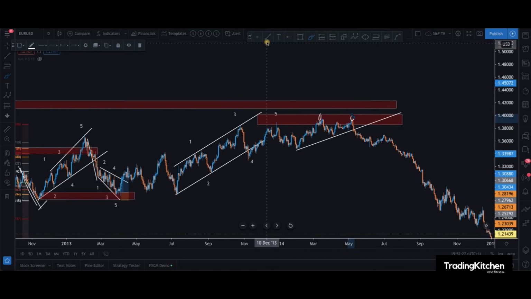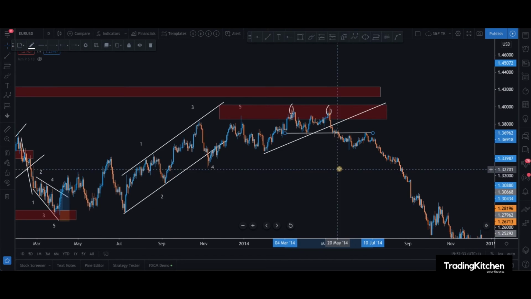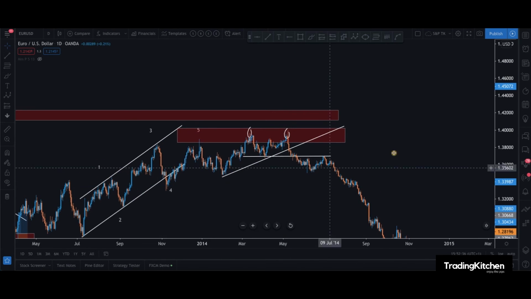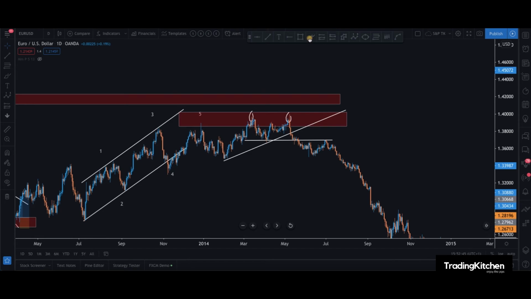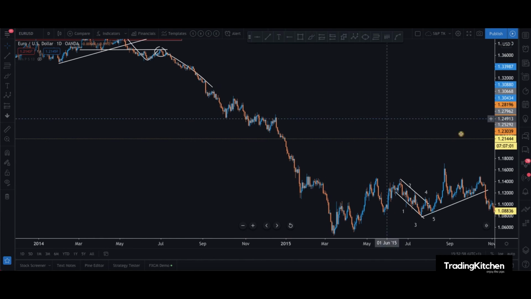Okay, anyway, a good pattern with this neckline, by which we can think that the market will turn, and that's what the price actually does: retest, and then we can go short. Let's move on.